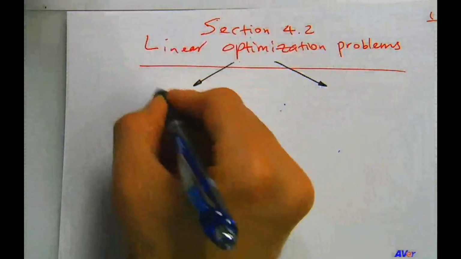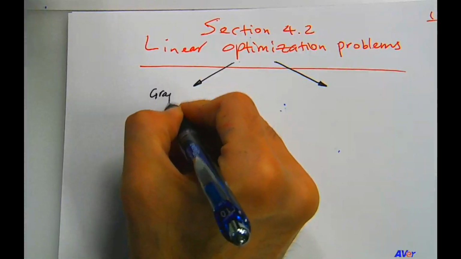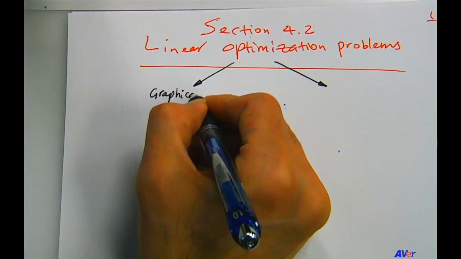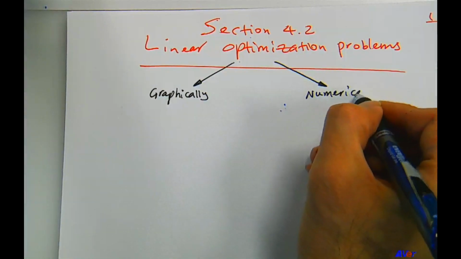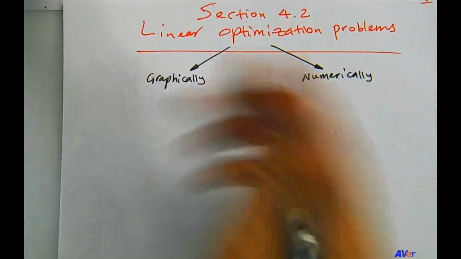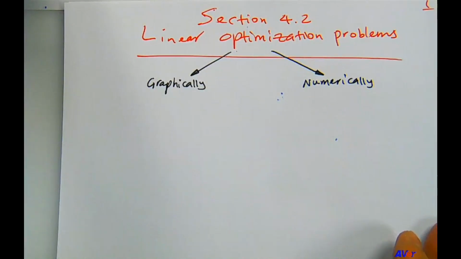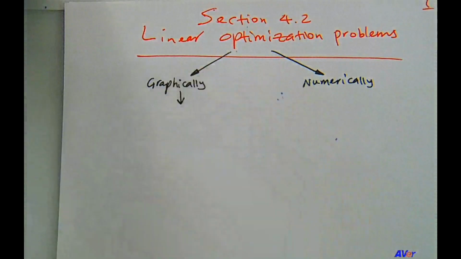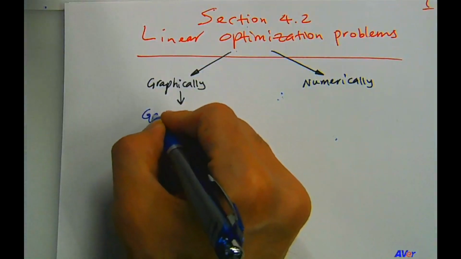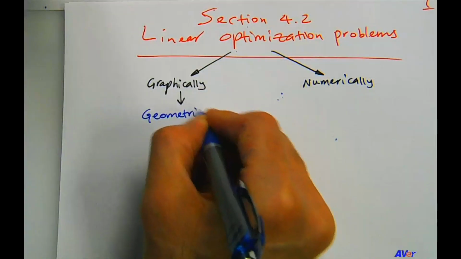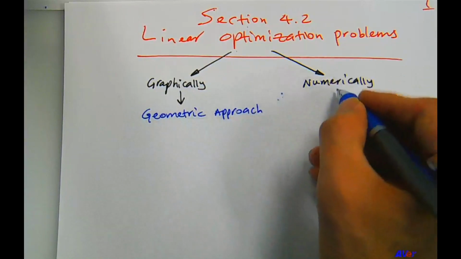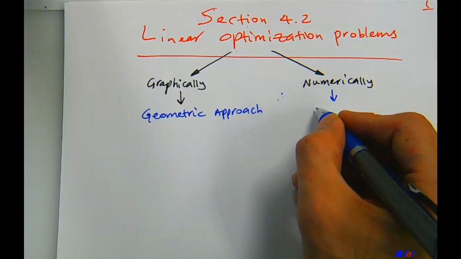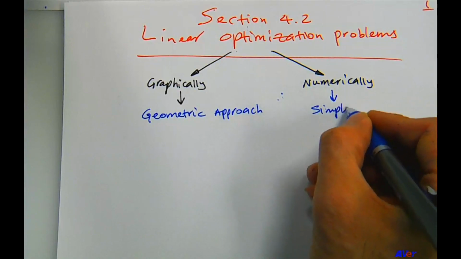So to accomplish this, we can either do it graphically or we can do it numerically. The graphical method is called the geometric approach. And the numerical method is called the simplex method.